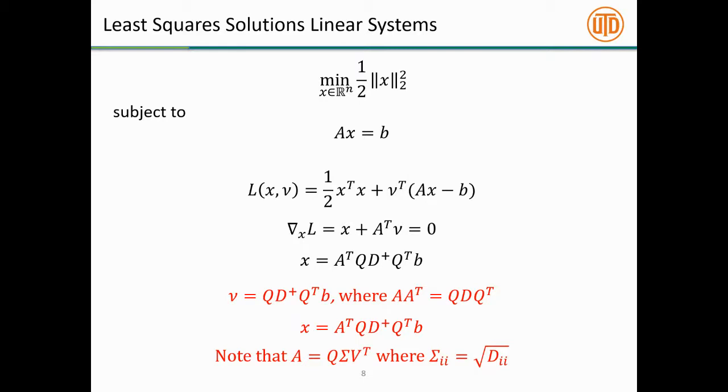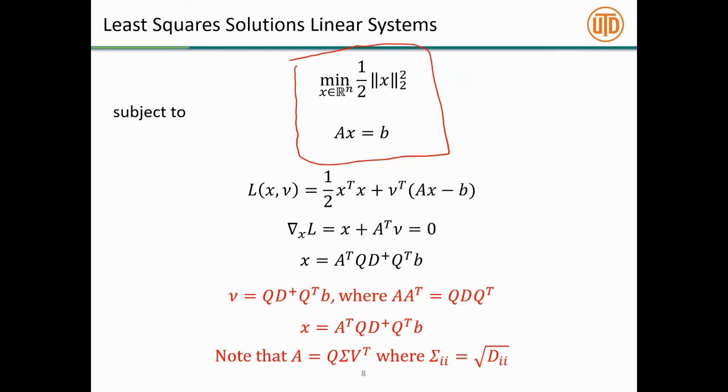we talked about least squares solutions to linear systems. Namely, if someone gives you a matrix A and a vector B, I want to find a solution to the linear system A times X equals B, but I want to find the solution of least norm. We worked out a solution to this problem a little bit ago.